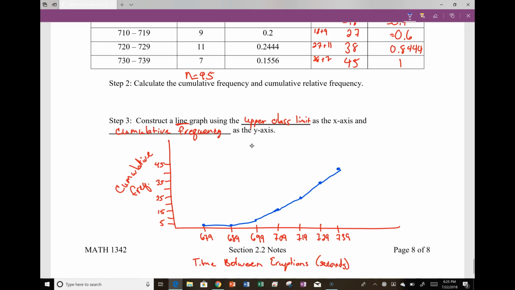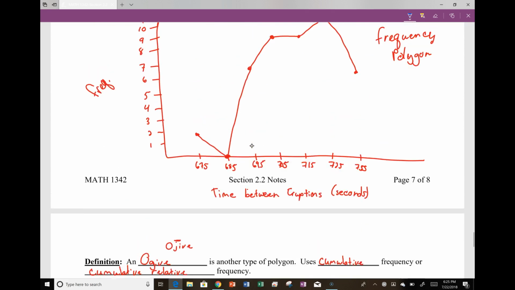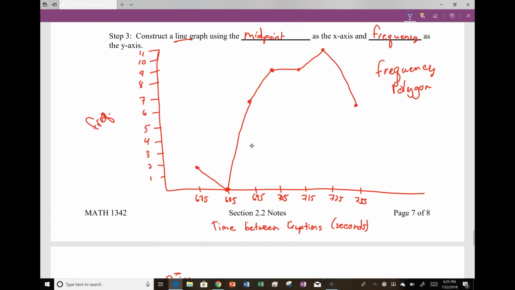If you recall, with the histogram as well as the frequency polygon, let's go back up to the frequency polygon, notice it went down, up, stayed the same, up, down. And so it was very non-uniform in the direction that it went. A frequency polygon and a histogram can go up and down.